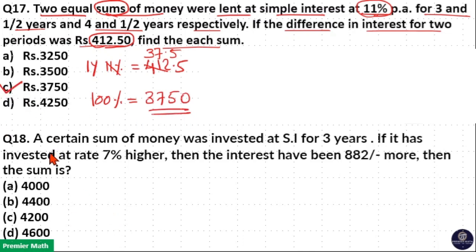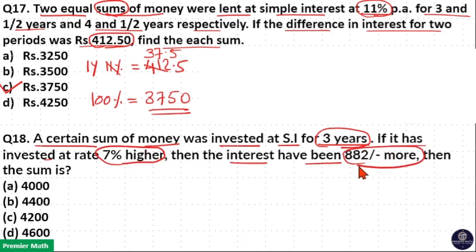Now the second question is, a certain sum of money was invested at simple interest for 3 years. If it was invested at a rate 7% higher, then the interest would have been 882 more. Now you can see, because of the 7% increment in the rate, for 3 years, interest increased by 882.